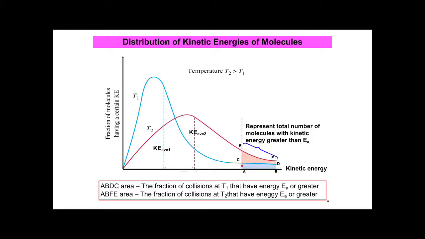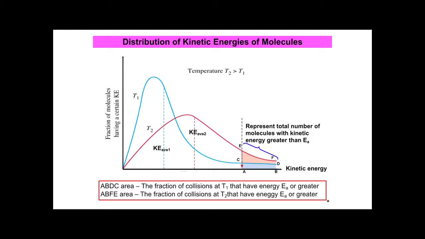First, you draw the y-axis and the x-axis. The y-axis is labeled fraction of molecules having a certain kinetic energy. The x-axis is labeled kinetic energy. Then you draw a sharp curve, the blue one, and label T1.